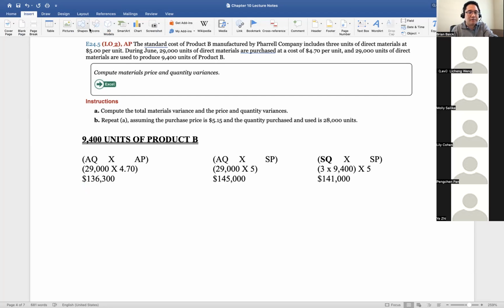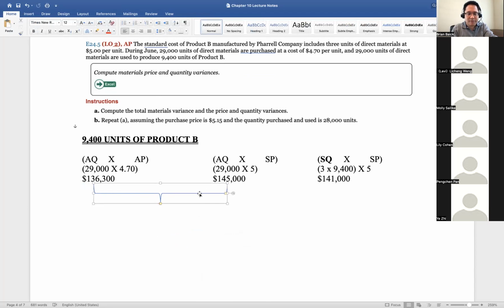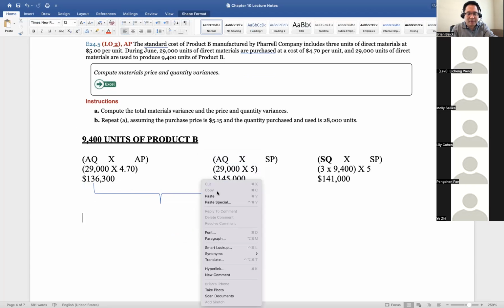Okay, then I can figure out 3 variances, right? I can get the variance between the first number and the second number. Okay. And then I can get a variance between the second number and the third number.